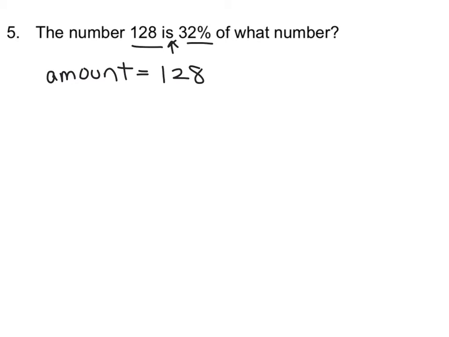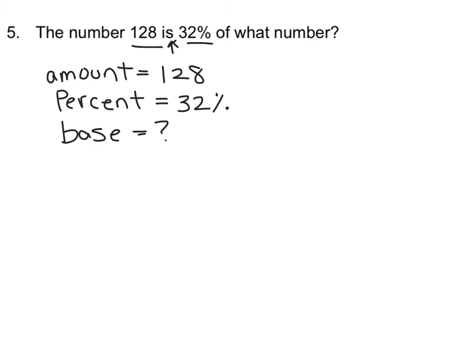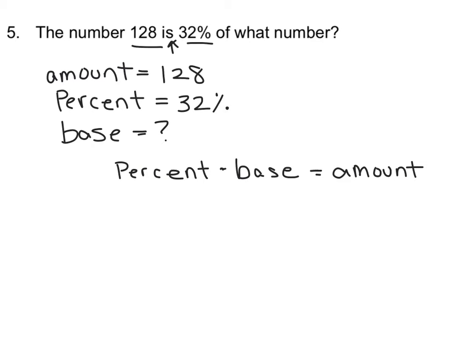32% is given to me in the problem, so that means that the percent is 32%. And I'm trying to find the base. I want to substitute the values for the amount and the percent into the percent equation and solve for the base.